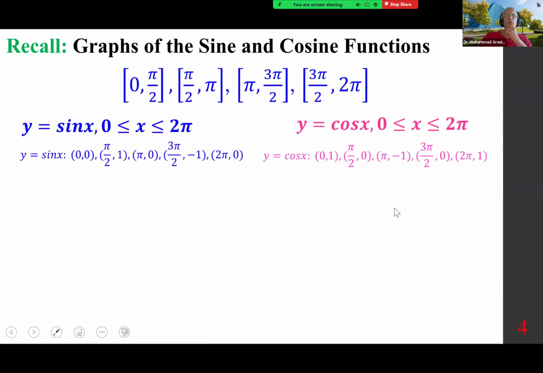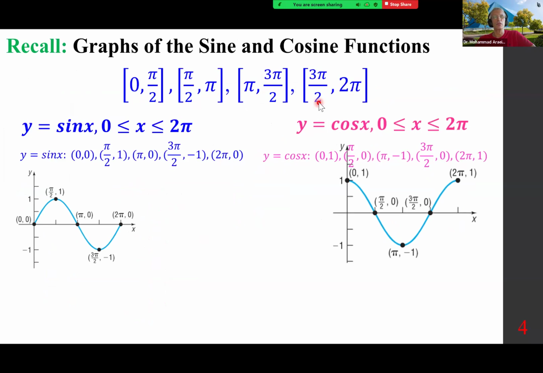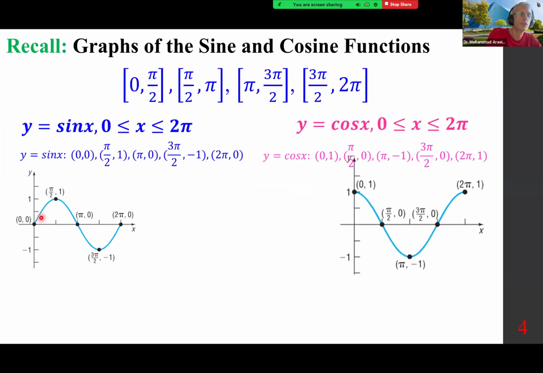Reminding you, if you want to graph a sine and cosine, a complete cycle goes from 0 to 2 pi. You cut that into 4 equal parts: from 0 to pi over 2, pi over 2 to pi, pi to 3 pi over 2, and 3 pi over 2 to 2 pi, and evaluate the function at the end points, creating 5 key points and 4 arcs.